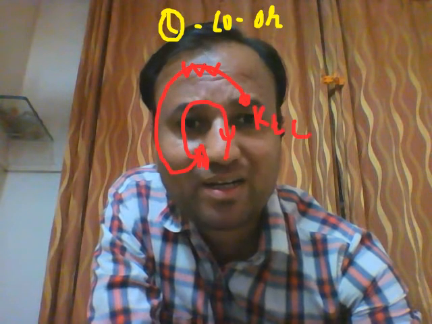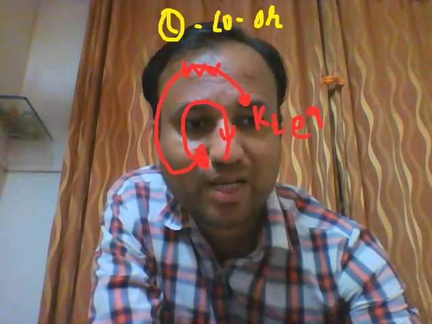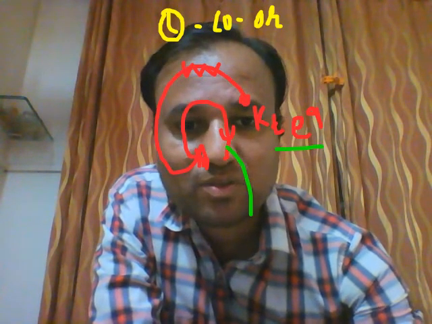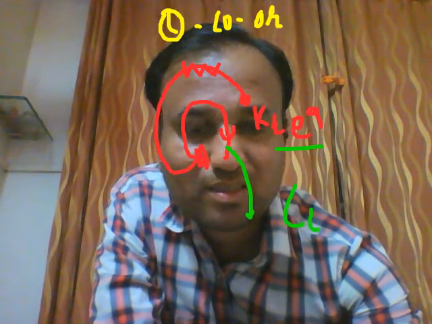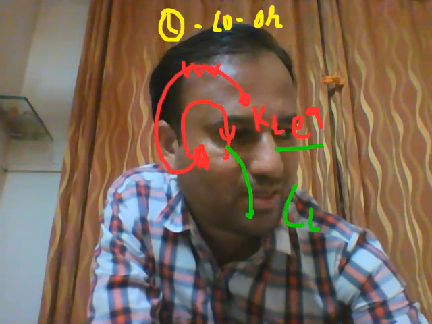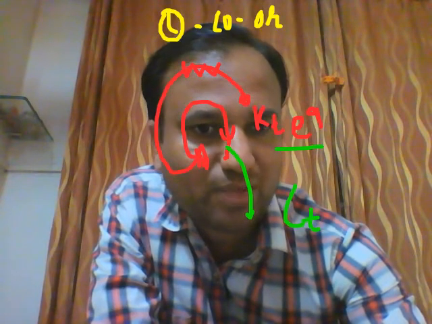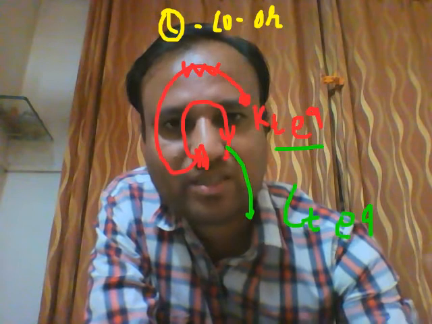K will be replaced by KT equivalent, student. Remember, K will be replaced by KT equivalent, and C will be replaced by CT equivalent, because it is the theta coordinate system or angular vibration.